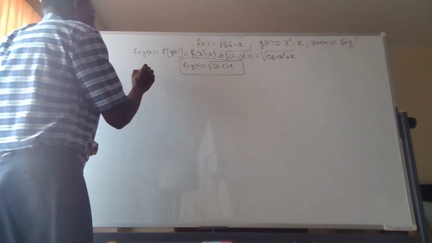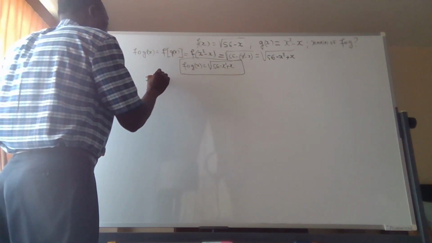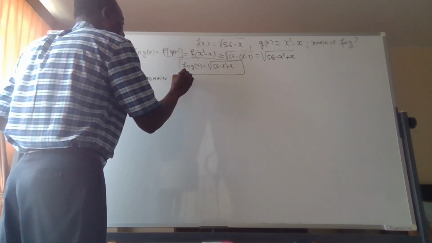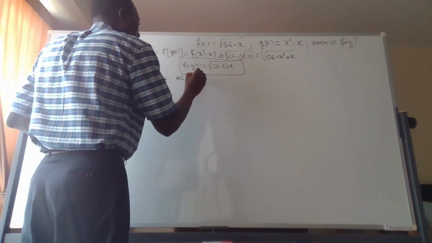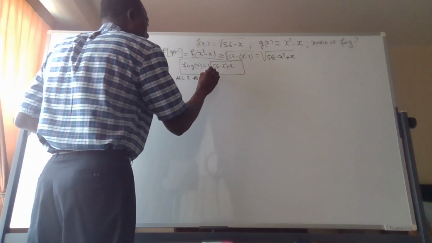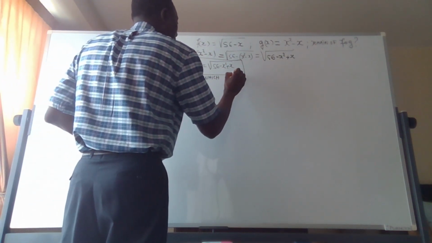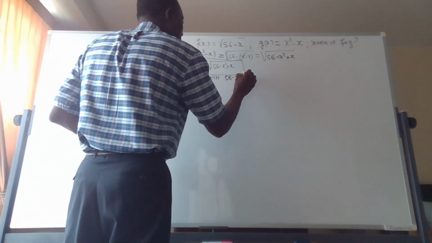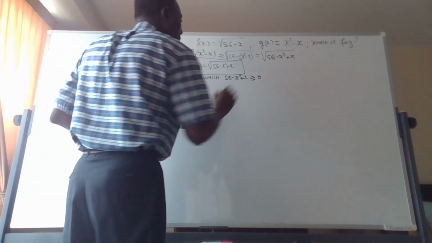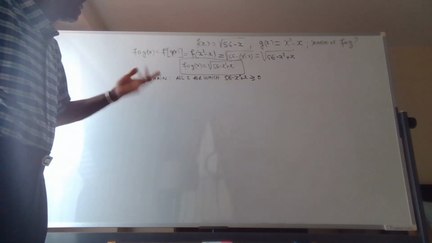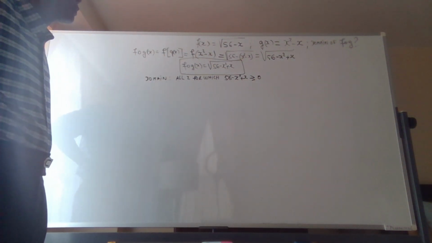So the domain is all x for which 56 minus x squared plus x is positive or equal to zero. The square root will be defined when that expression is positive or equal to zero.